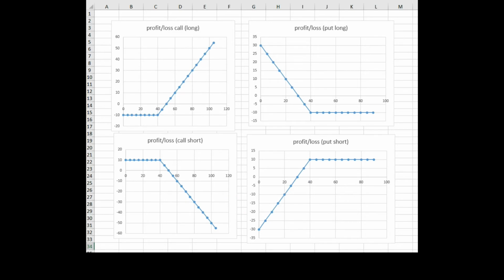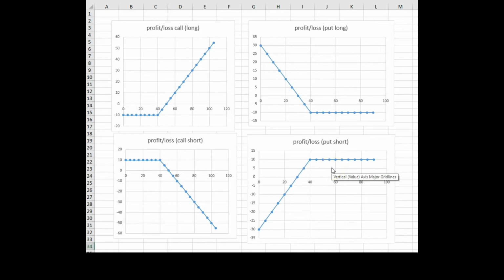Another purpose of showing these four graphs is our expectation. Suppose we expect stocks going up. This is a profit region, so we can long a call. For the put, this is the profit region, so if the stock's going up, then we can short a put.